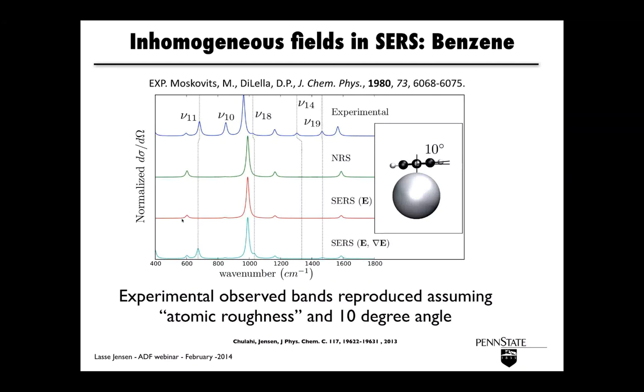If you do a SERS calculation where you only look at the electric field component, you see these modes are also absent. Only when you take into account that the electric field at the surface of the nanoparticle is inhomogeneous do you start seeing these modes appear, which means you have to describe this atomic roughness on the same dimensions as your molecule.